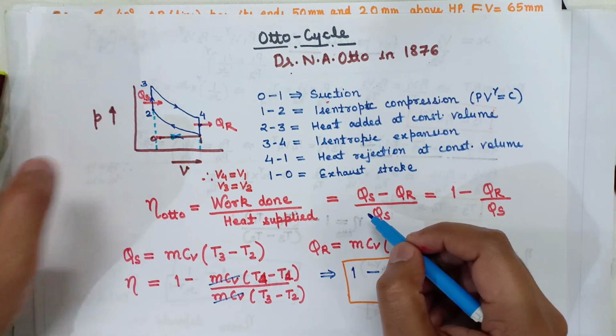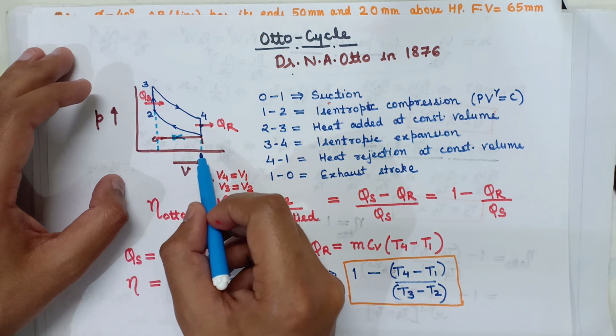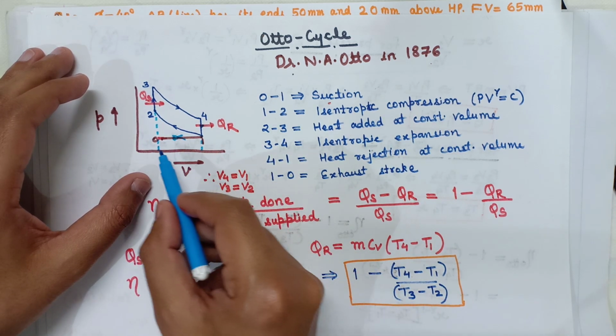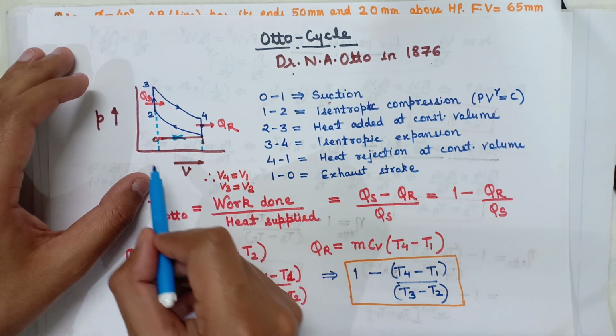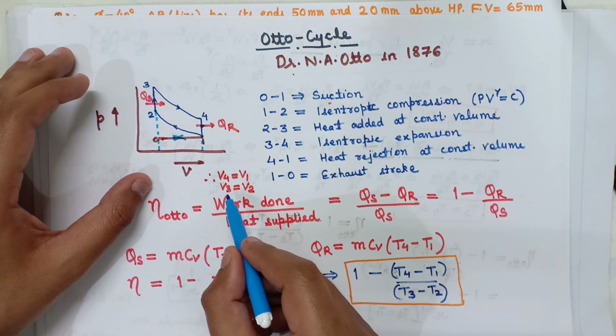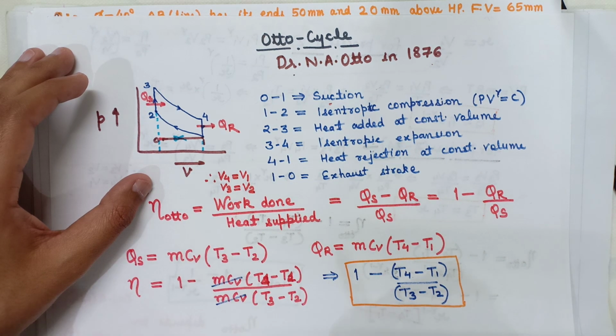Now, as we have shown the various processes on the PV diagram, here we can see that volume at point 2 is equal to volume at point 3. So we can write V3 equal to V2 and V4 equal to V1.